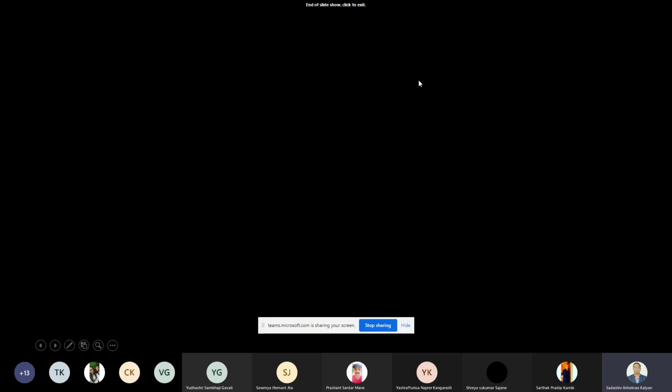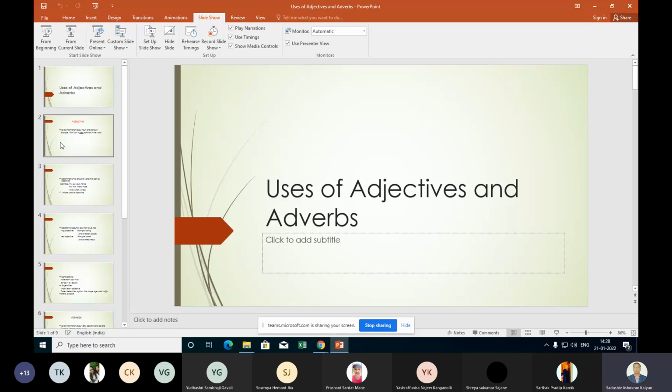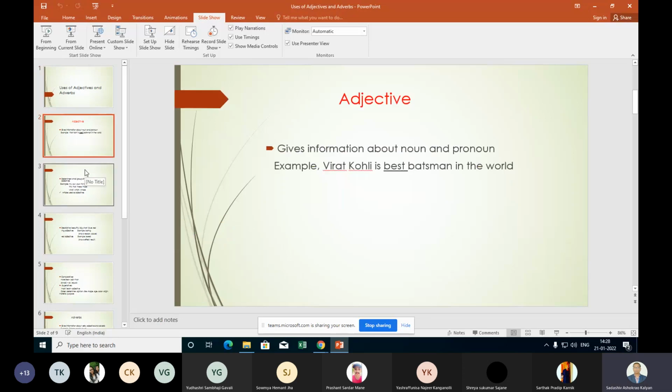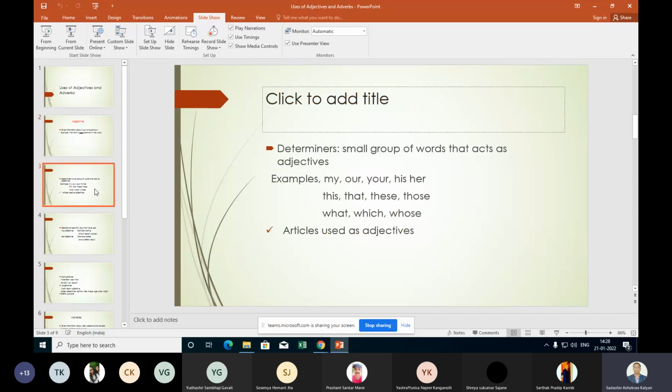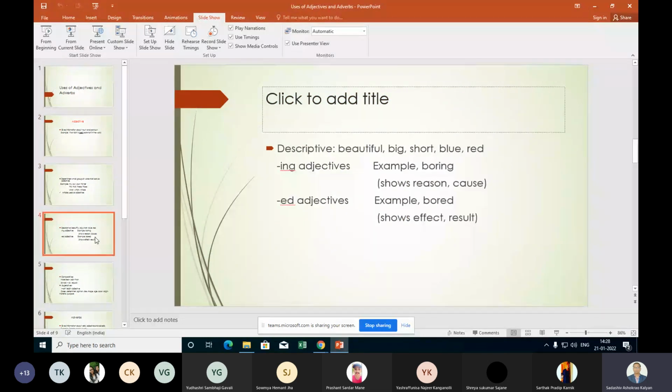So this was all about what is meant by an adjective, in which in short we have discussed that adjectives give us more and more information about the noun and the pronoun. Then we have studied how determiners and articles are also considered adjectives.